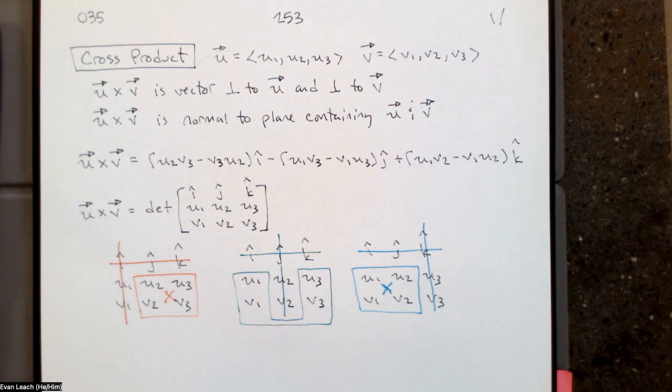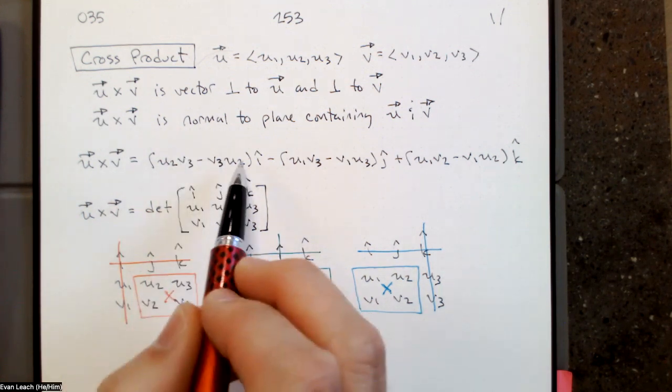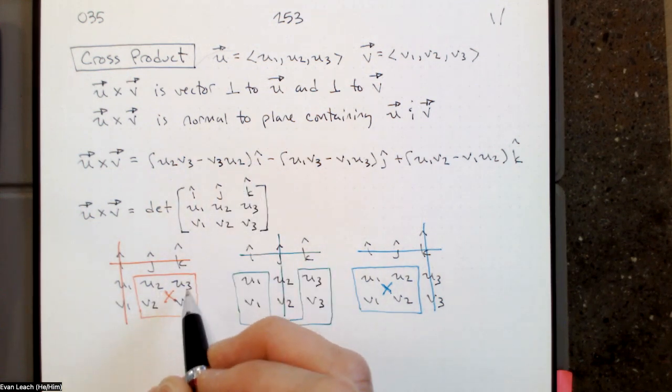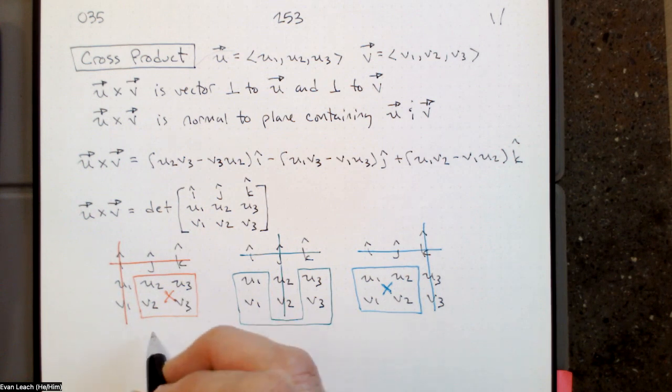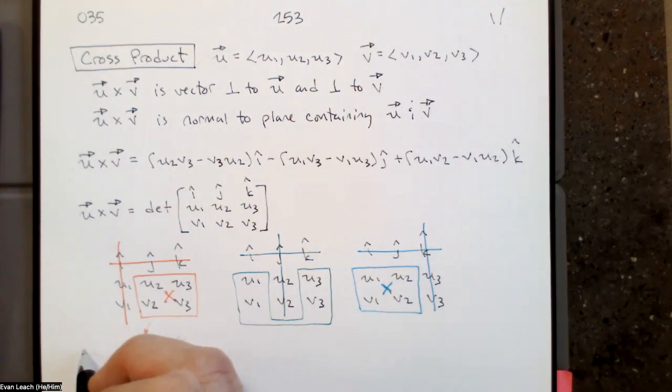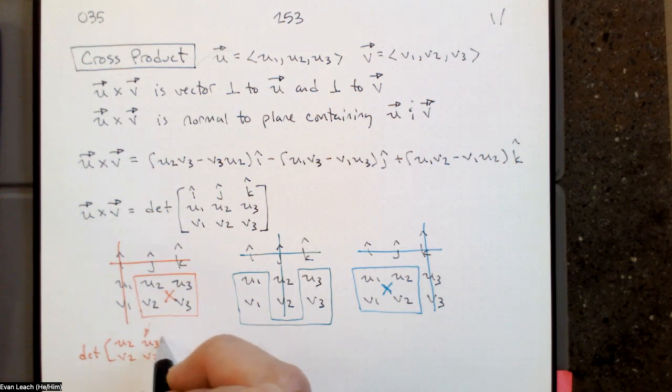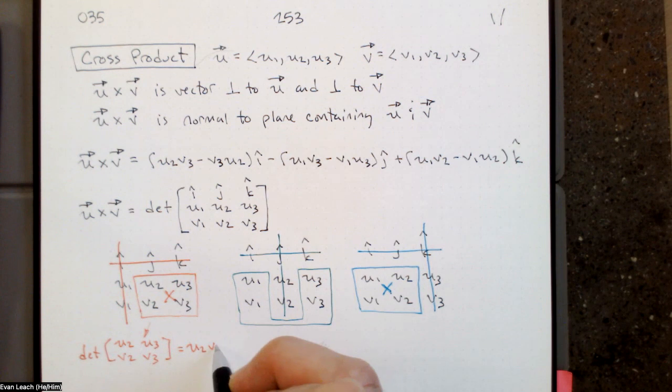The determinant of that 2x2 matrix is going to be the coefficient of I. So you do U2 V3 minus U3 V2.